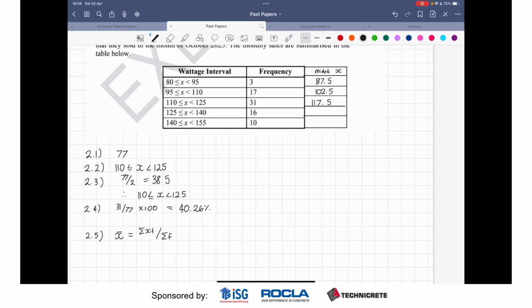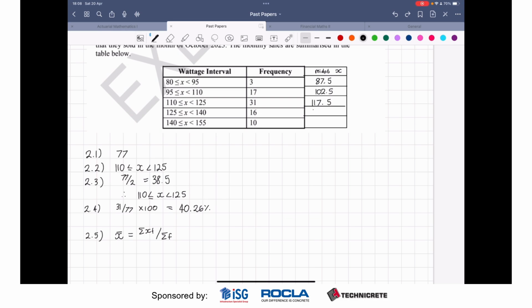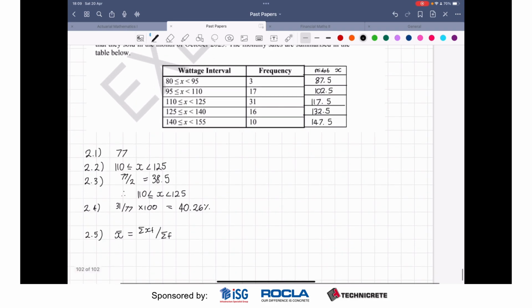And I do the same for the rest. 147.5. So now I have all the midpoints.